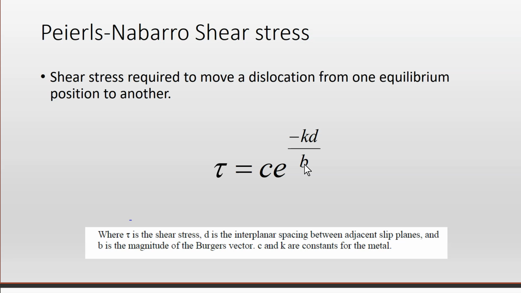B is the magnitude, the size of the Burgers vector. So the larger the Burgers vector is, the larger the distance we have to move the dislocation to its next equilibrium position, and so that requires more stress. So if the Burgers vector is small, then what we predict is that the shear stress along that direction will be reduced.